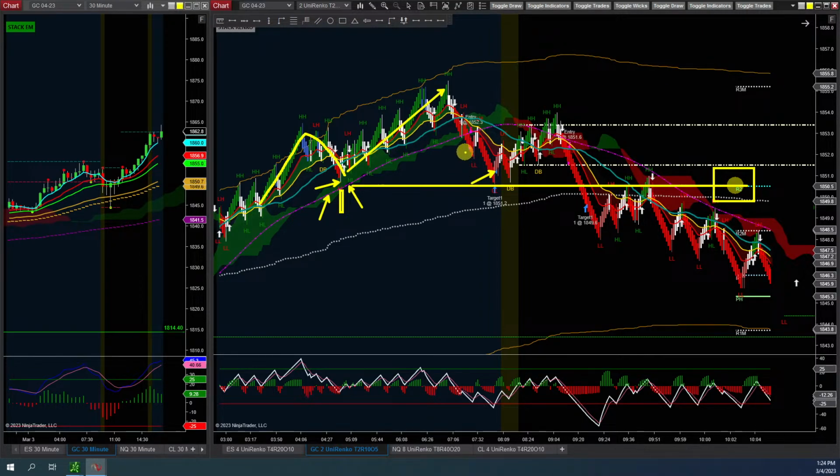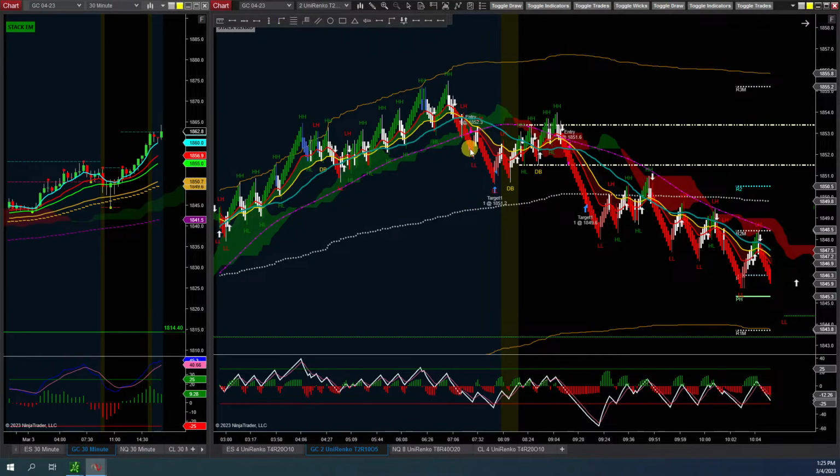And then I made $110 on that little difference from that point here to that point there. Okay, so $110. Now, why 27.90? I'm going to explain that later.